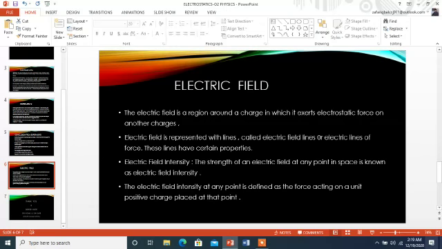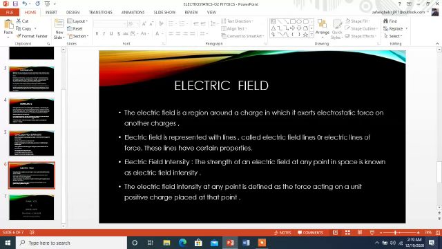Electric field intensity. The strength of an electric field at any point in space is known as electric field intensity. How strong an electric field is at any point is called its electric field intensity.